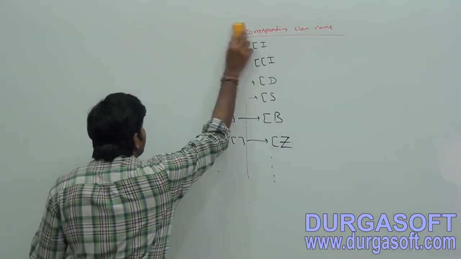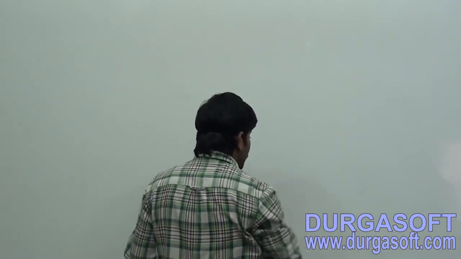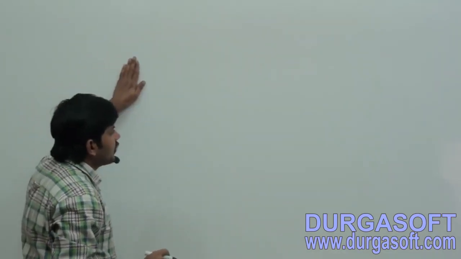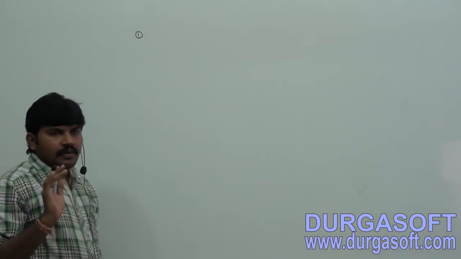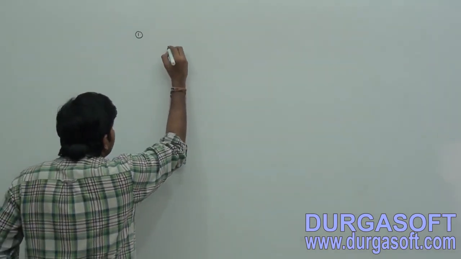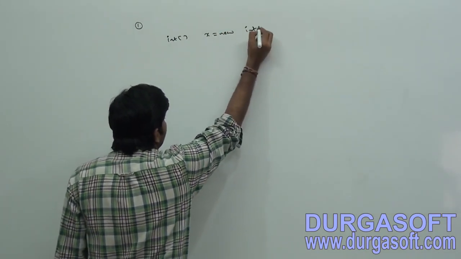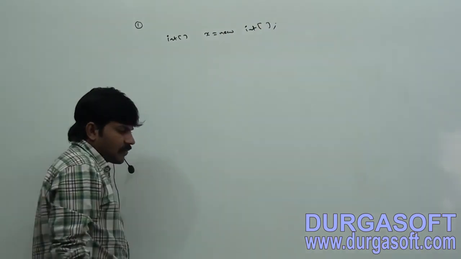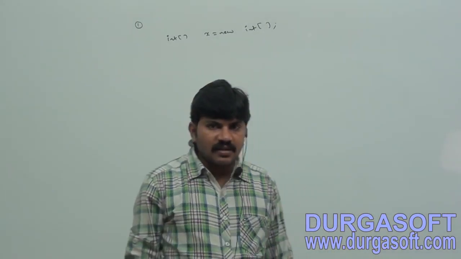Related to array creation, there are several loopholes. Let me talk about the first loophole. Suppose I'm creating an array like this: int[] x = new int[]; is it valid or invalid?